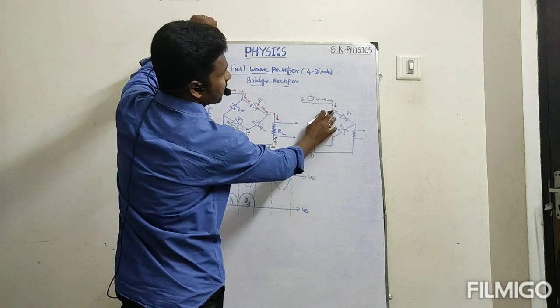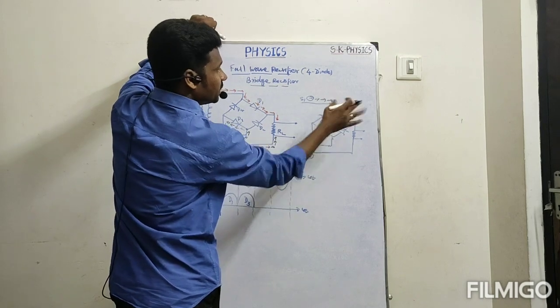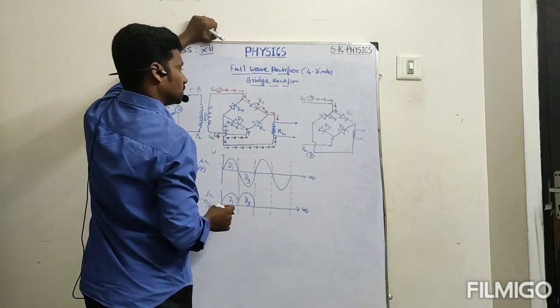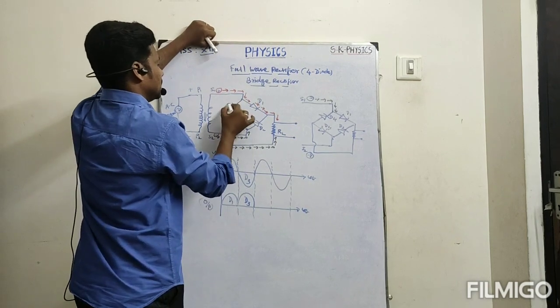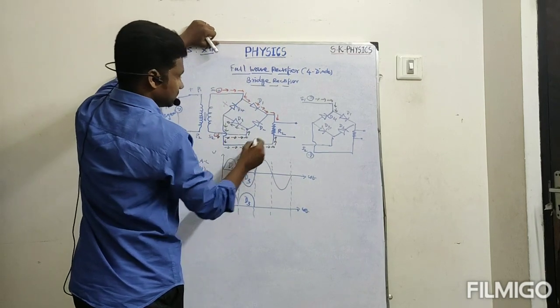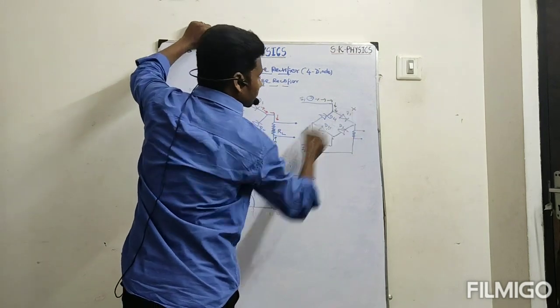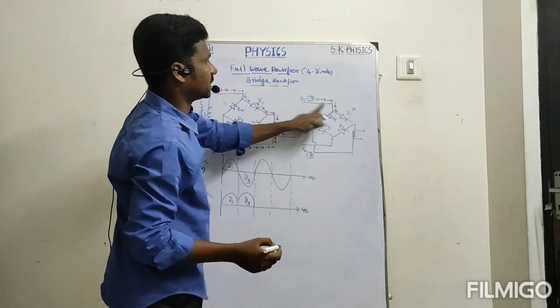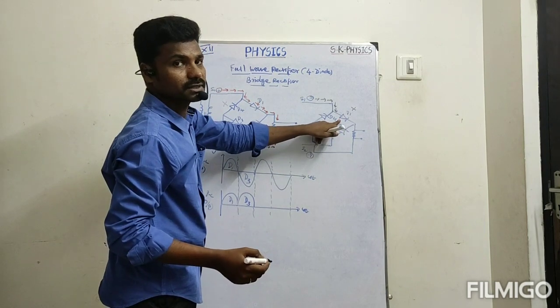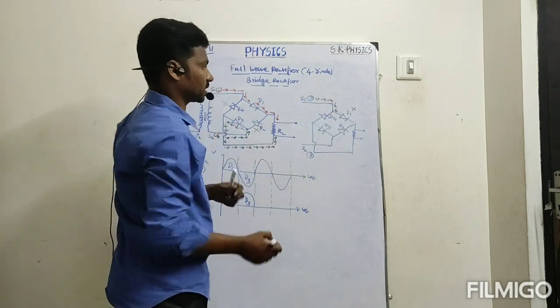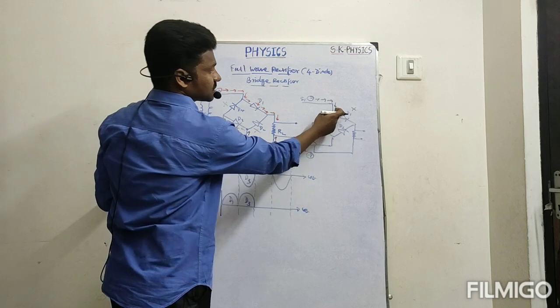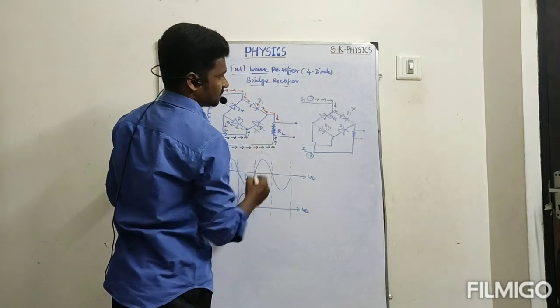If you observe, this is negative and that is positive, so D1 is not functioning. In the first case D4 was not functioning, but here D1 is not functioning. Why? Because it is negative but it is positive, it is reverse bias. D1 is not working. But see that D4, this is also negative, this is also negative, so D4 is functioning.